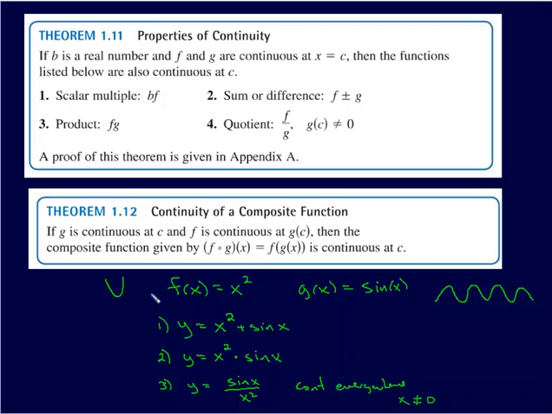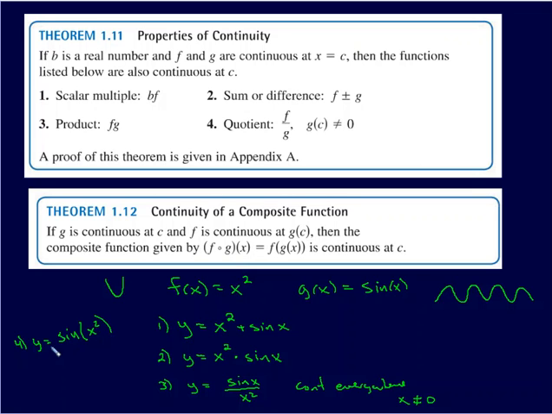Okay, and then this last theorem here, this little separate one, is talking about a composition. So maybe I'll squeeze this over here, number 4, and say, what if I took y equals and made the sine of x squared?